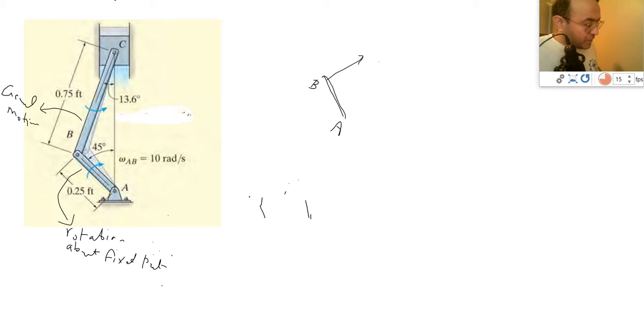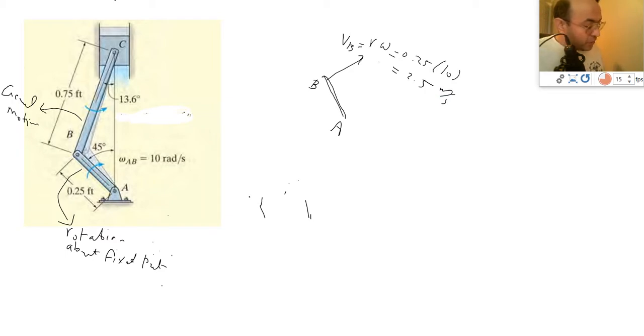So I can say velocity at B is equal to R omega. The value for omega is 10. The value for R is 0.25. So 0.25 times 10, and the answer is 2.5 meters per second. So I found velocity of point B.